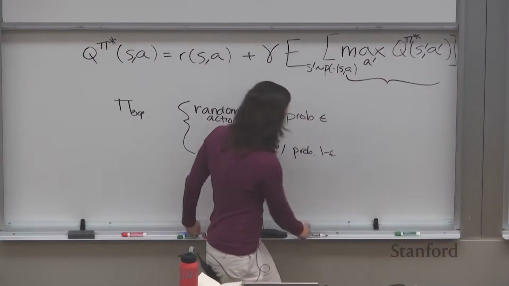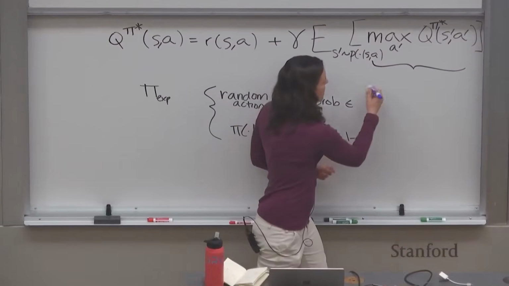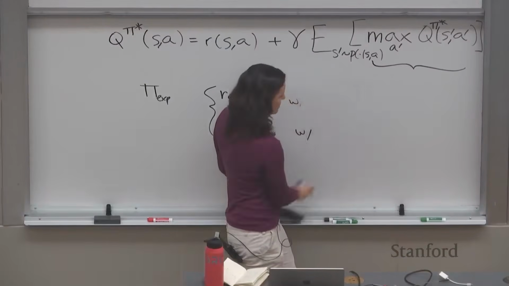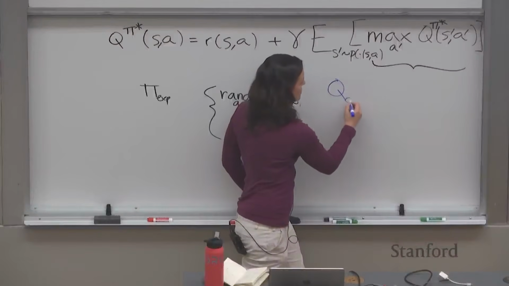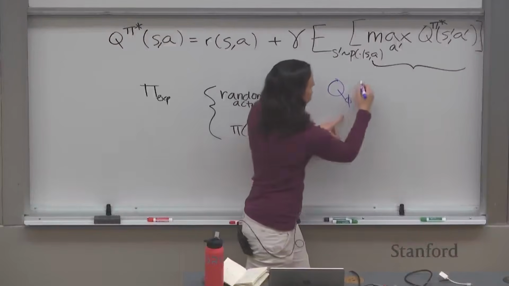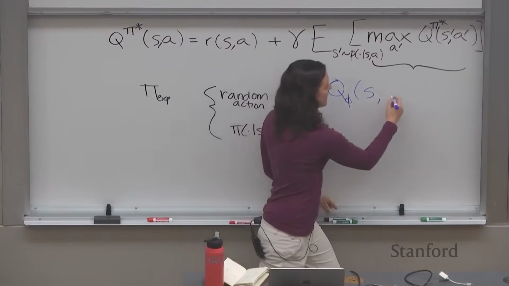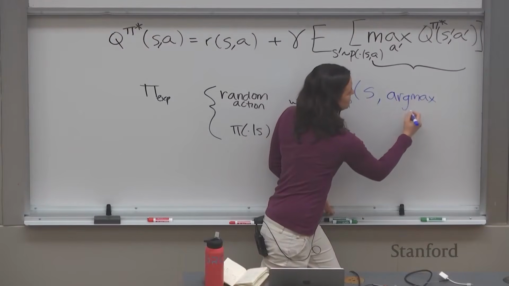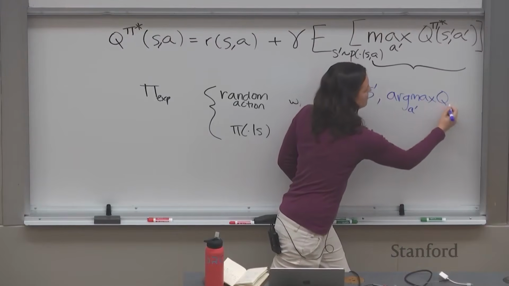Another way to write this is to think about this quantity as Q_phi evaluated at the action that is maximizing Q_phi.